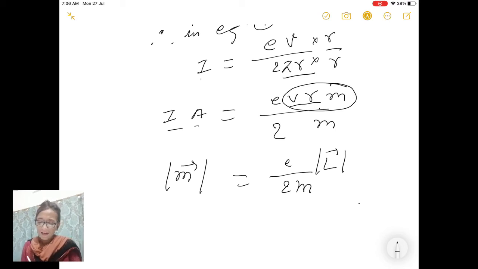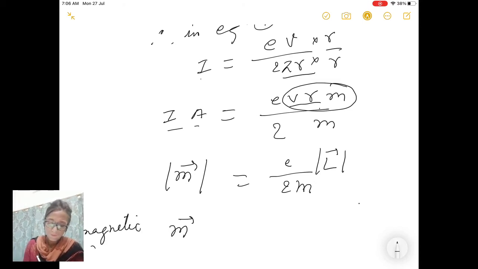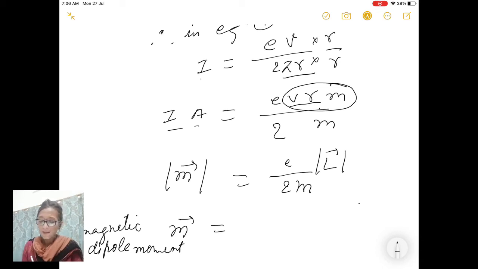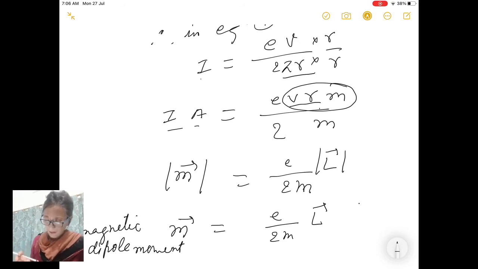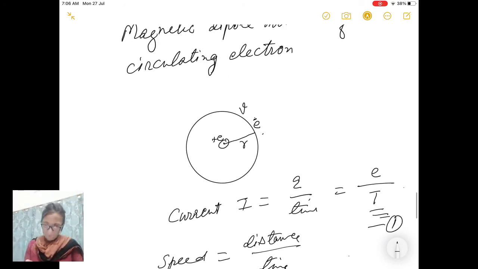Now let us realize this in vector form. Magnetic dipole moment vector m is equal to e upon 2m vector L. But let me find the direction of the two.